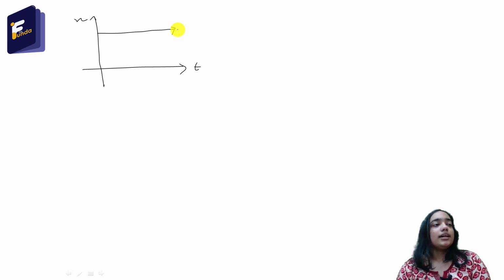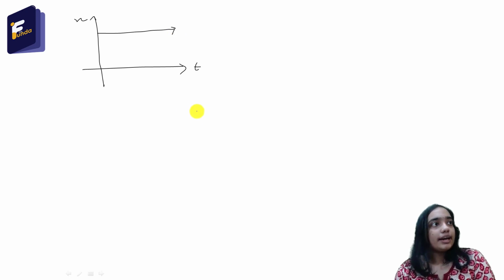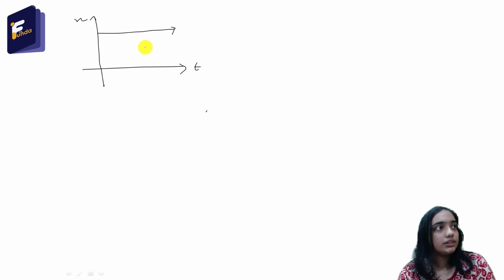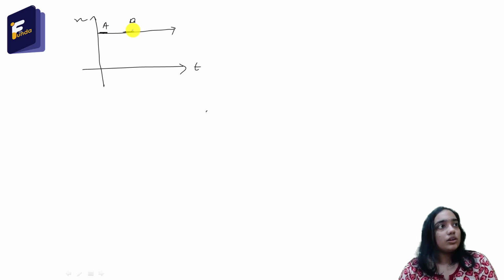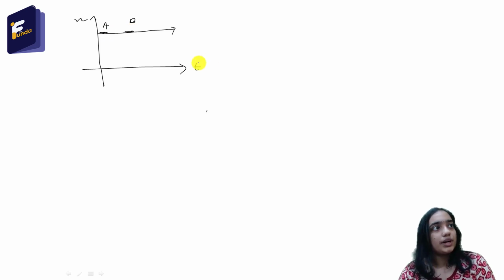You can see that, let's say this is the point A, this is the point B. The slope at every point is 0. This is a flat horizontal line, so the slope is 0. So at point A, point B, every point the slope is 0. That means the velocity is equal to 0 at all points, 0 always. That means the body is at rest.